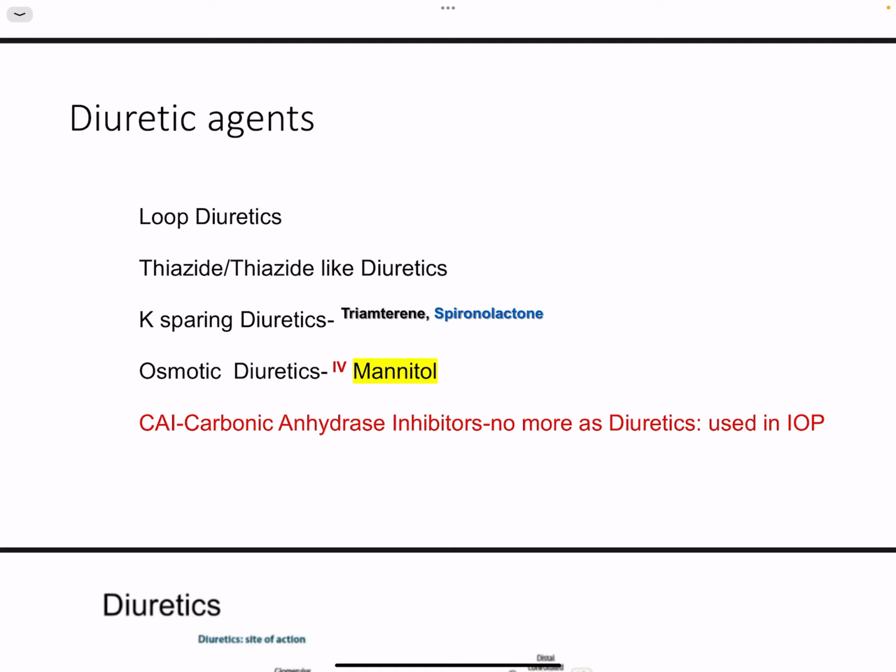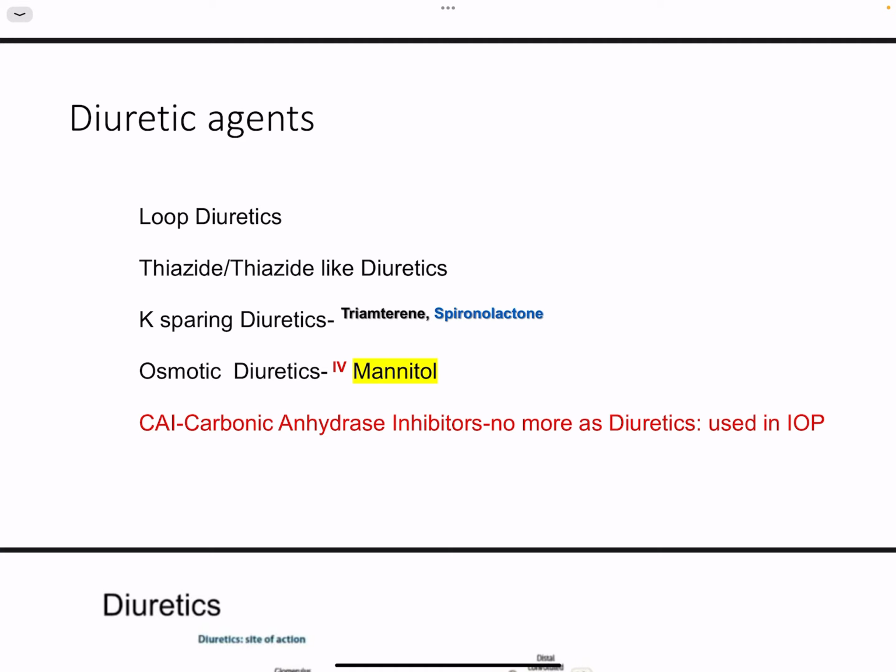IOP stands for intraocular pressure. We discussed it somewhere in parasympathetic, maybe. Intraocular pressure is the pressure inside the eye. If the pressure inside the eye is increased, what happens?